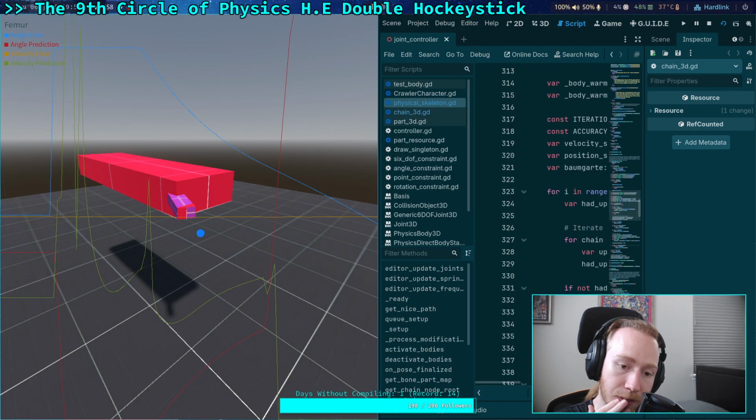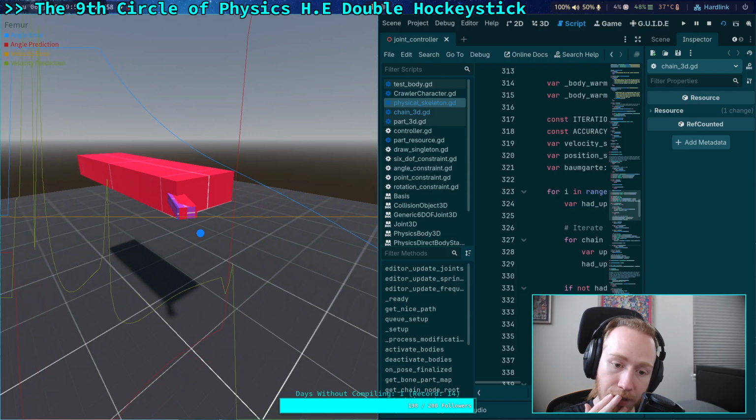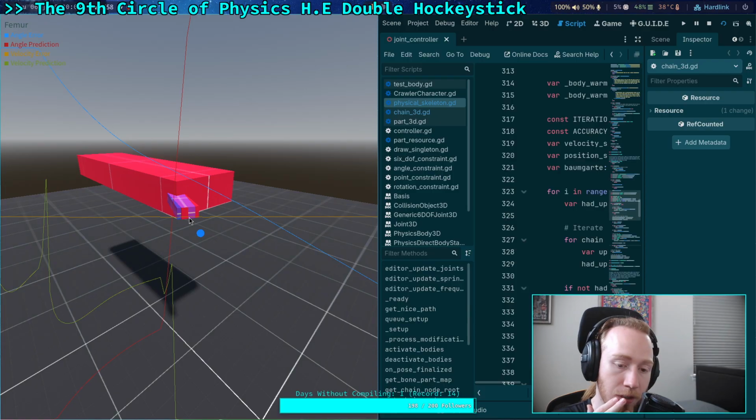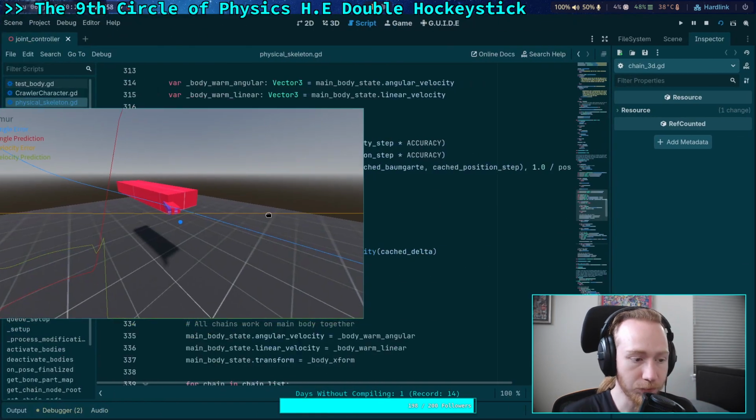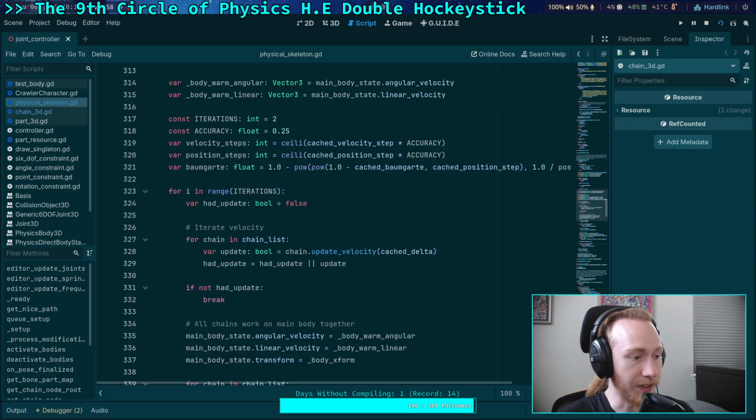Yeah, so that's happened. My angle prediction is incredibly wrong. And then I think it's just going to never come back. So I get to see why that might be happening now. But maybe the 2 iterations is probably bad.